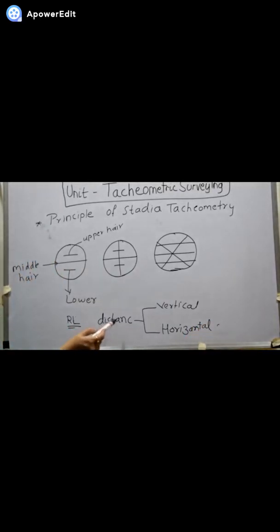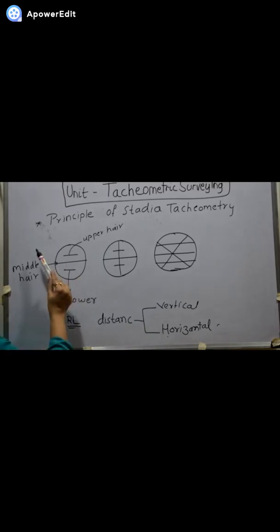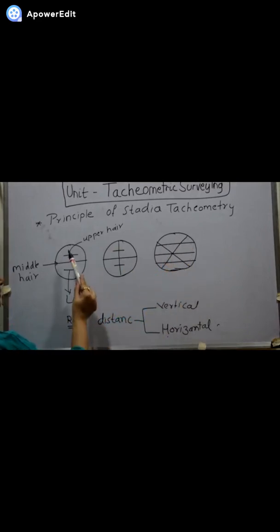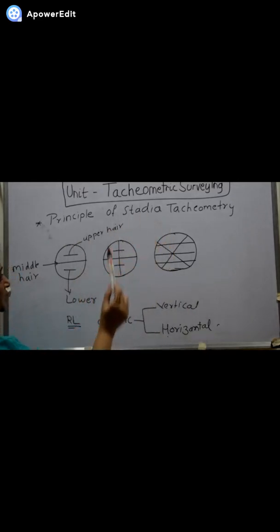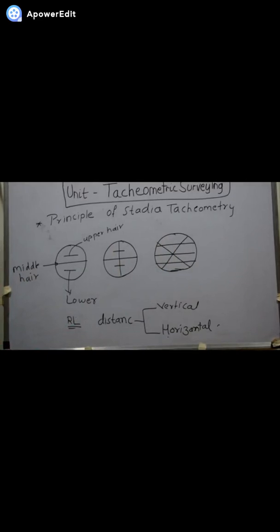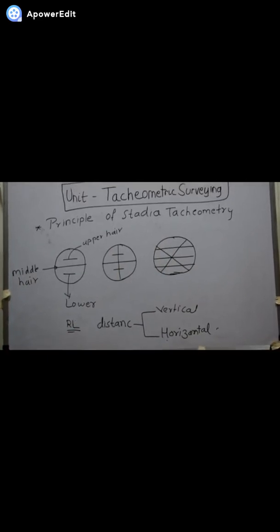This distance is calculated based on the formulas. That's the reason the chaining process is totally eliminated in tachometry. This stadia diaphragm, and taking the readings of the three hairs, is nothing but the principle of stadia tachometry. Next, we are going to see methods of tachometry.